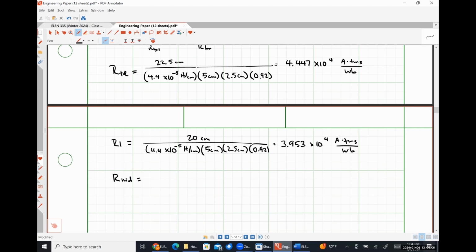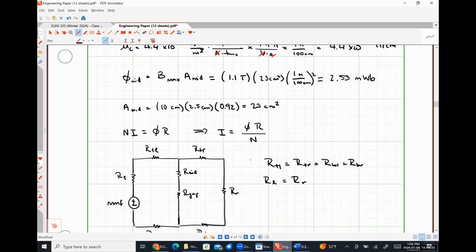Now let's do the middle. That's going to have a length of 20 centimeters minus the length of my gap, which was 0.02 centimeters, divided by that 4.4 times 10 to the minus 5 Henries per centimeter. And then the area of the middle we already found to be 23 centimeters squared, if I'm remembering correctly, yep.